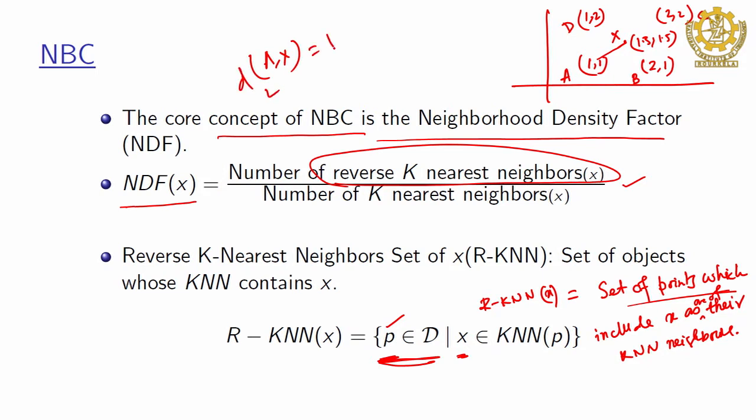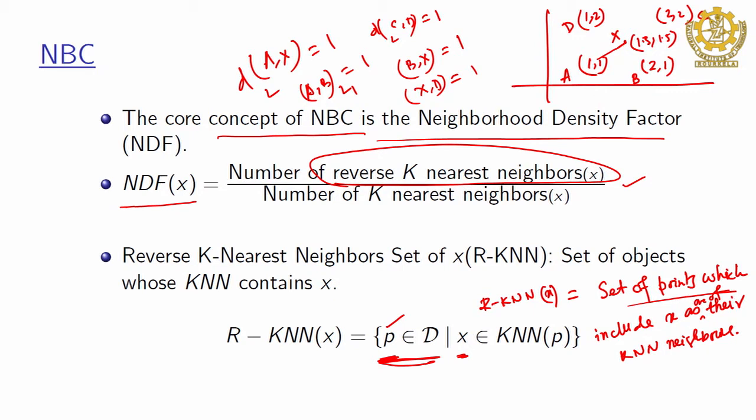This will be 1. The distance from A to B with L1 distance is 1, the distance from C to D is 1. The distance from B to X is 1, then X to D, this will be 1. Okay.